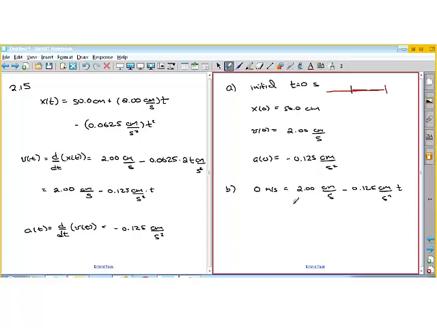Why don't we move this to the left-hand side, make it positive. If I take the term that involves t and move that to the left-hand side, it becomes positive. Then the other term stays there, and then you solve for t by dividing.